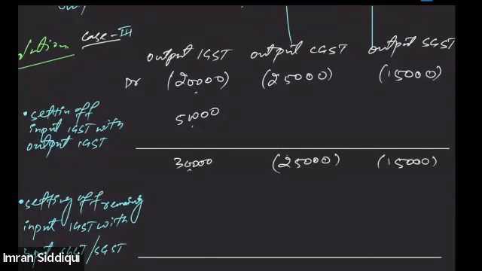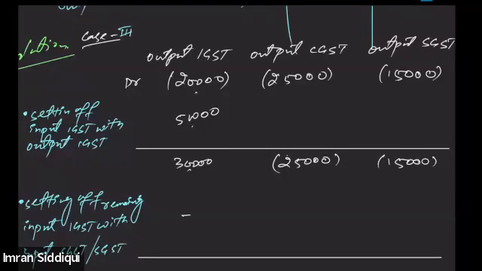So that means we are yet to set off the 30,000 with the CGST and SGST. All right, so now we'll try to set off this 30,000. We won't be able to set off any amount from the output IGST because we don't have any amount under the output IGST, but we still have the 25,000 and 15,000 available under the output CGST and SGST.